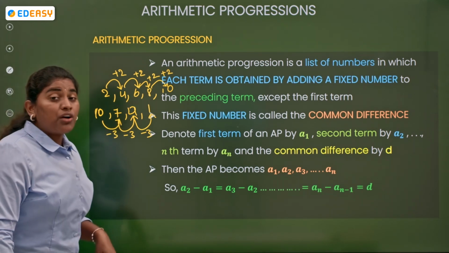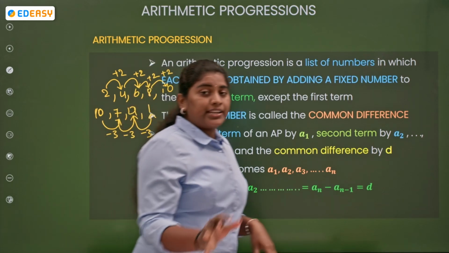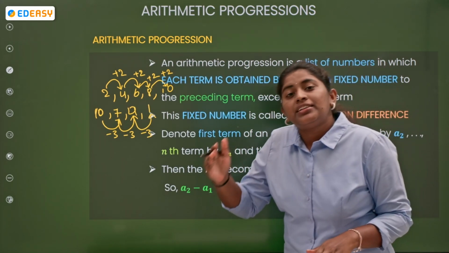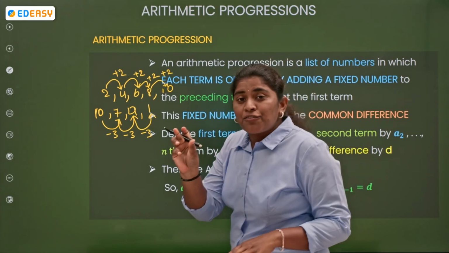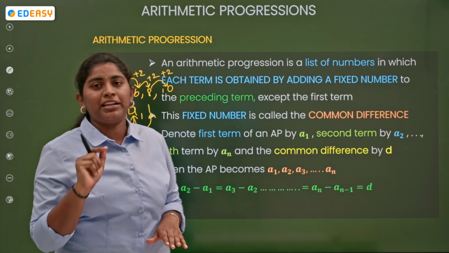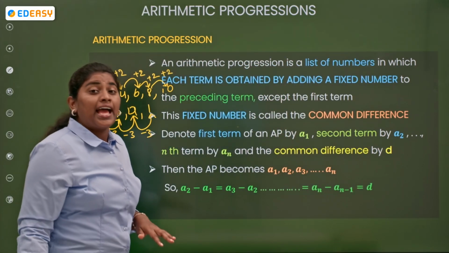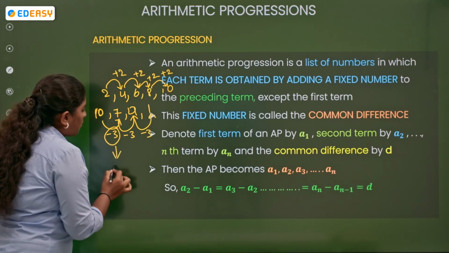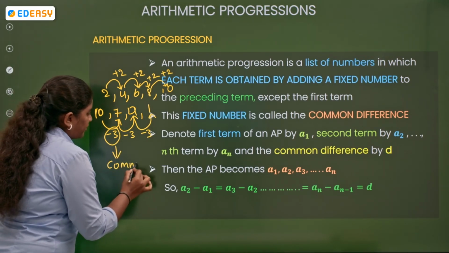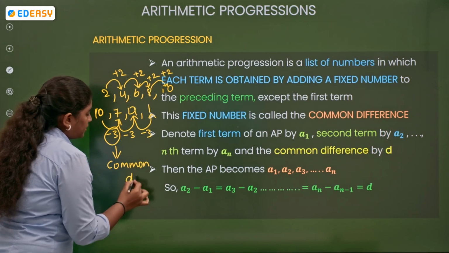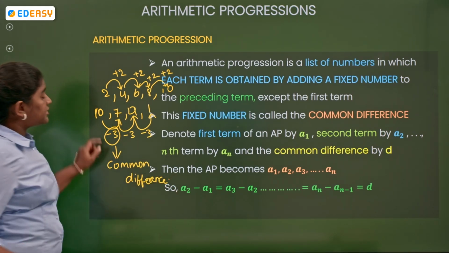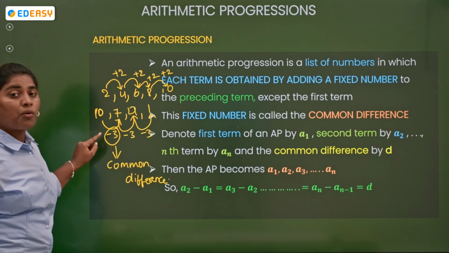So on adding a fixed number to the preceding term to get the successive term, that list of numbers forms an arithmetic progression. That fixed number we are going to call the common difference. Understood? Common difference.